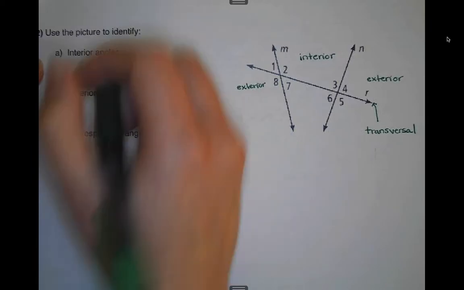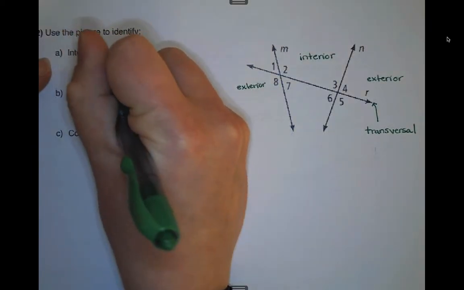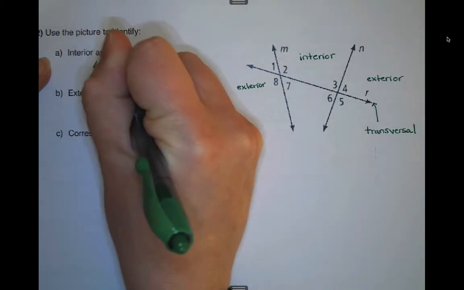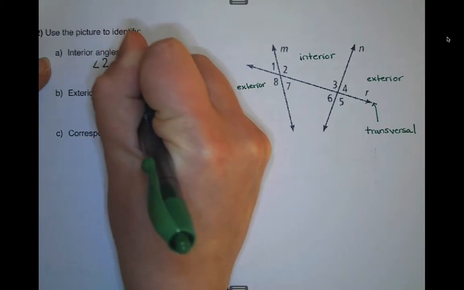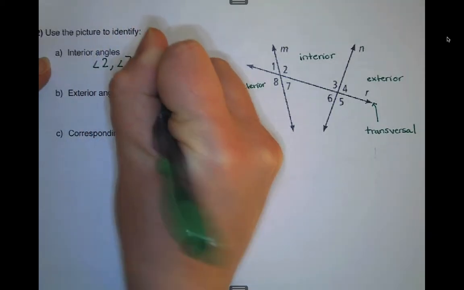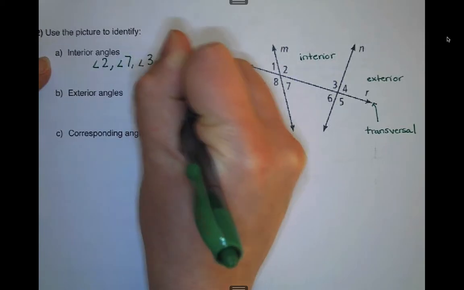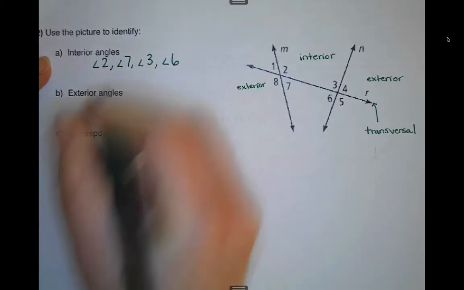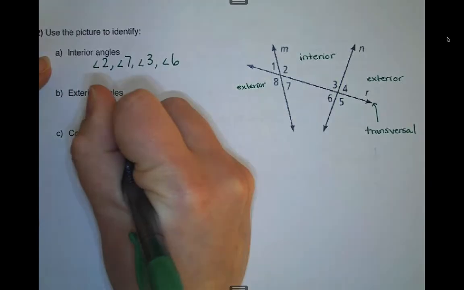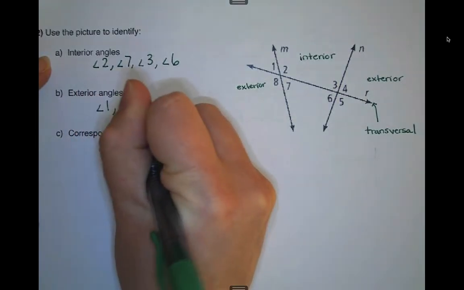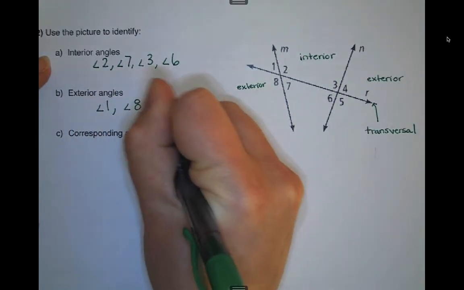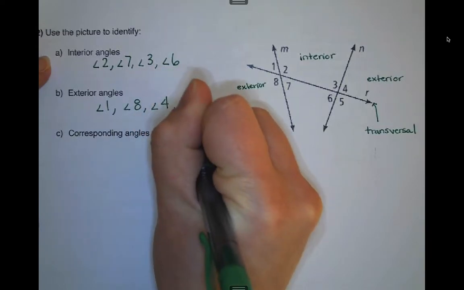So in the interior, we can see angle 2, angle 7, angle 3, and angle 6. In the exterior, we can see angle 1, angle 8, angle 4, and angle 5.